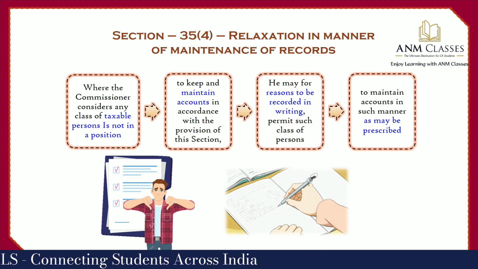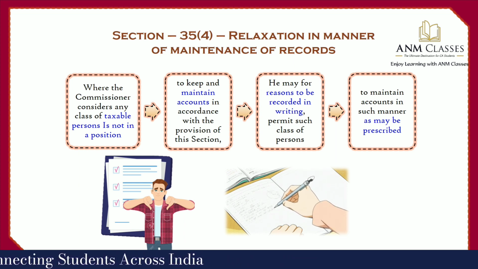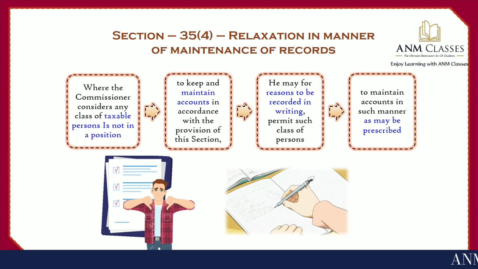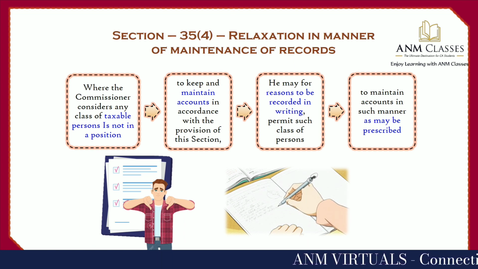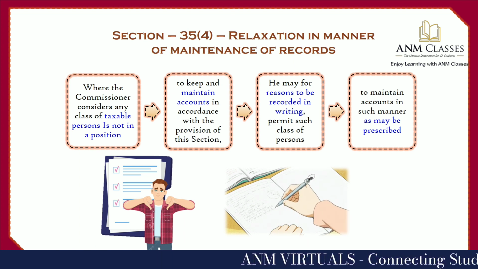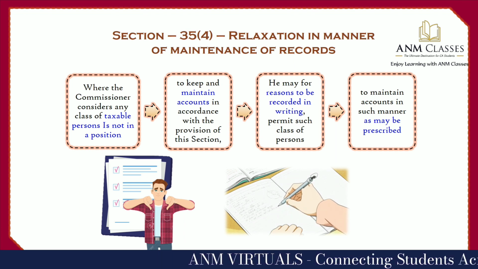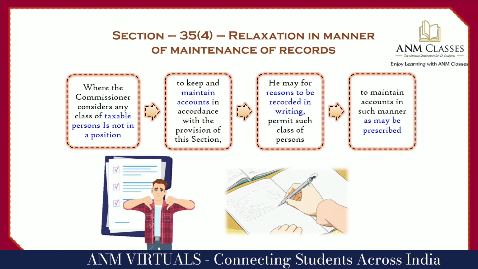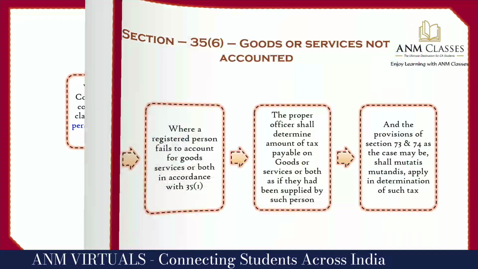Commissioner-க்கு feel ஆகுது ஒரு particular class of taxable person-னால நம்ம 35 subsection 1-ல சொன்ன books of accounts maintain பண்ண முடியாதுன்னா, he is having the power to pass an order stating that you need not maintain particular books of accounts or full books of accounts for a particular period. இந்த மாதிரி கமிஷனருக்கு ஒரு ஆர்டர் பாஸ் பண்றதுக்கான அதிகாரம் இருக்கு.